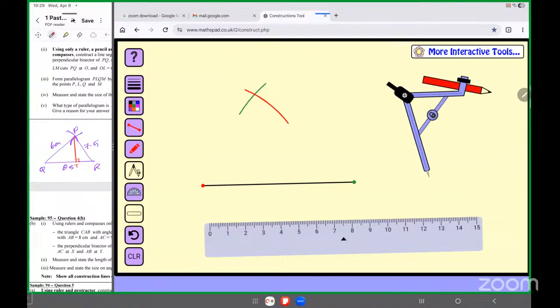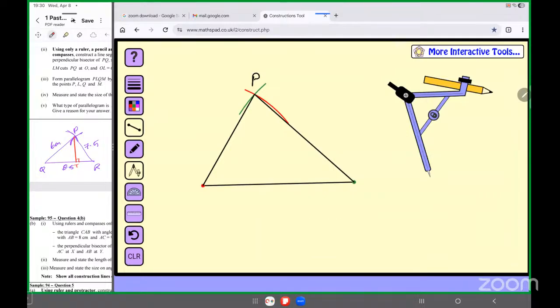That point of intersection is where P is. Right here is where P is. And you just complete the triangle now. Straight line to the intersection. That's a triangle. I'm not going to put on the dimensions here.